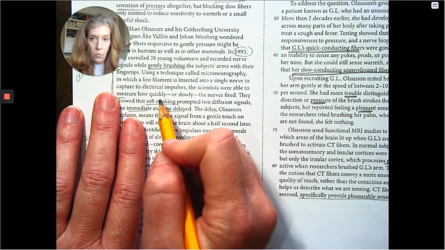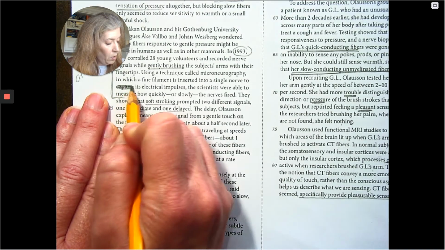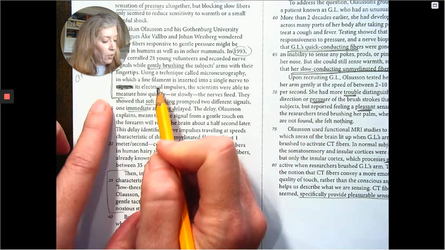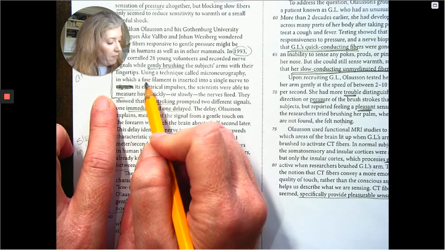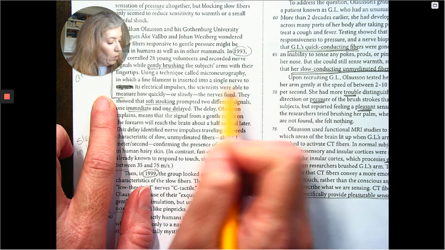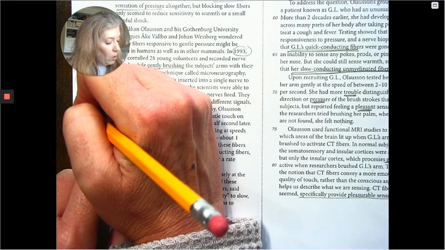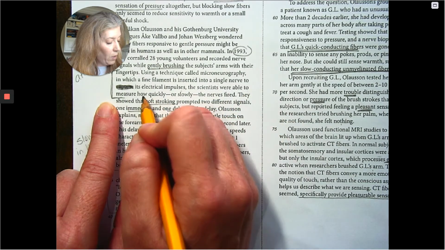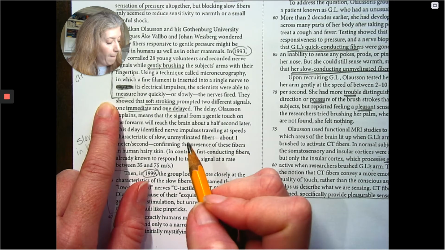And there's the word capture. Now we forgot that word. Using a technique called microneurography, in which a fine filament is inserted into a single nerve to capture its electrical impulses, the scientists were able to measure how quickly or slowly the nerves fired.